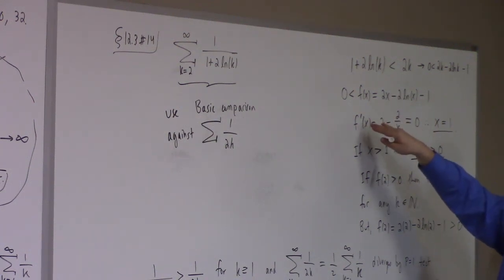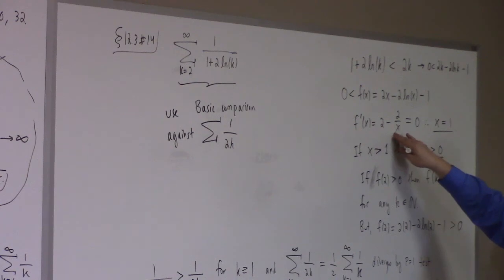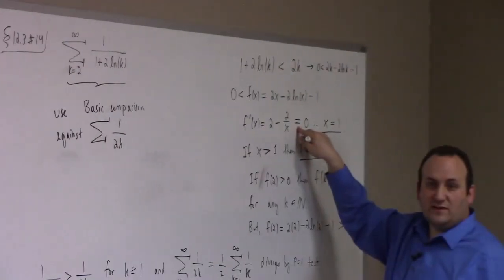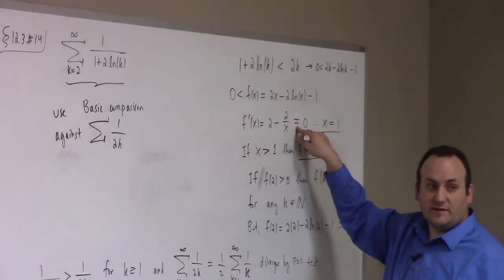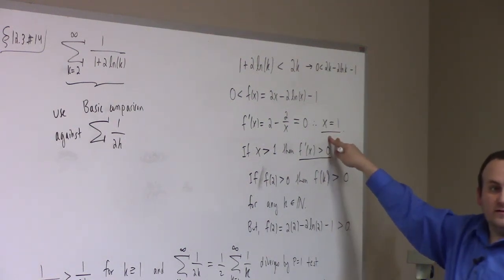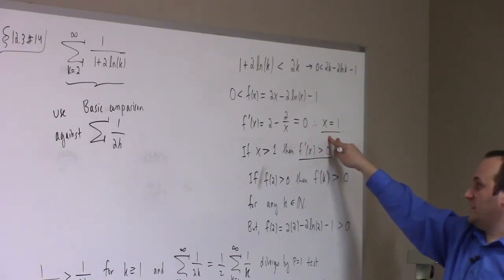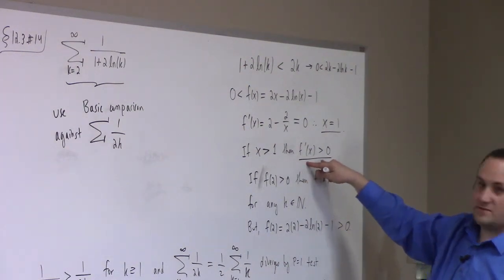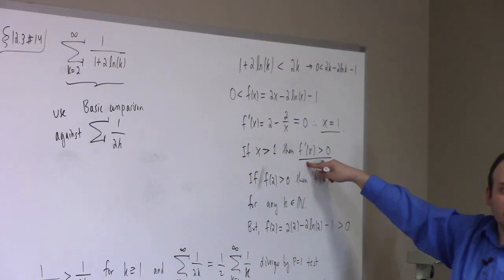I calculate the derivative. F prime of x is 2 minus 2 over x. If I set that equal to 0, that gives me the critical points, which are places where the function can change from decreasing to increasing, possibly. There's only one critical point, at 1. So if x is greater than 1, the derivative is positive. In other words, this function is increasing past the number 1.